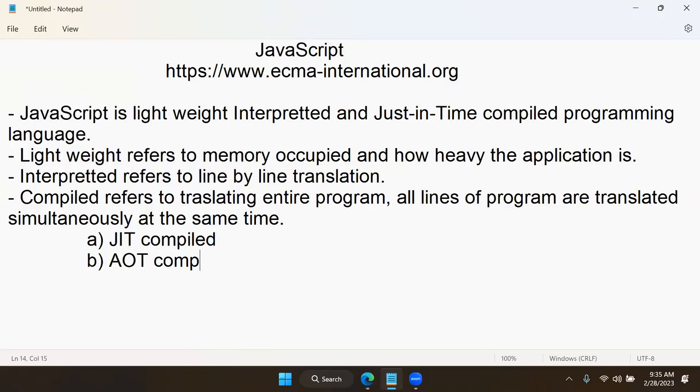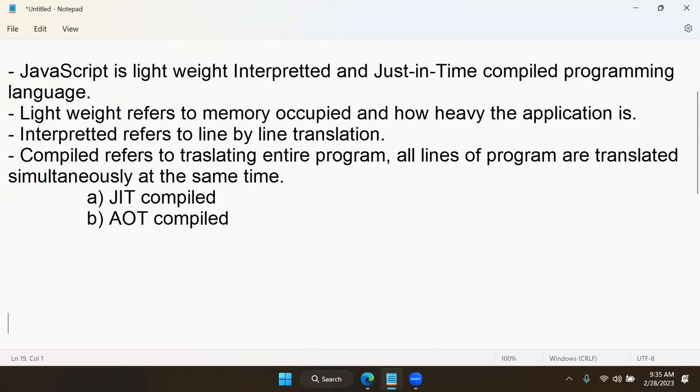In the latest technologies, wherever we are using JavaScript, we are using these two techniques. Not only JavaScript, several technologies use them: just-in-time compiled and AOT compiled.